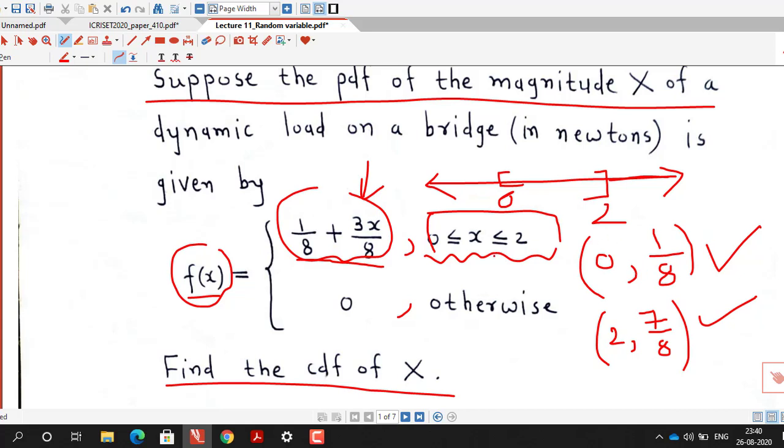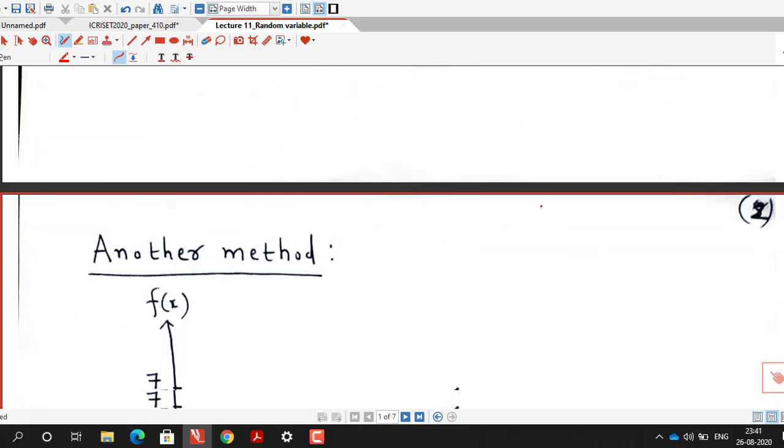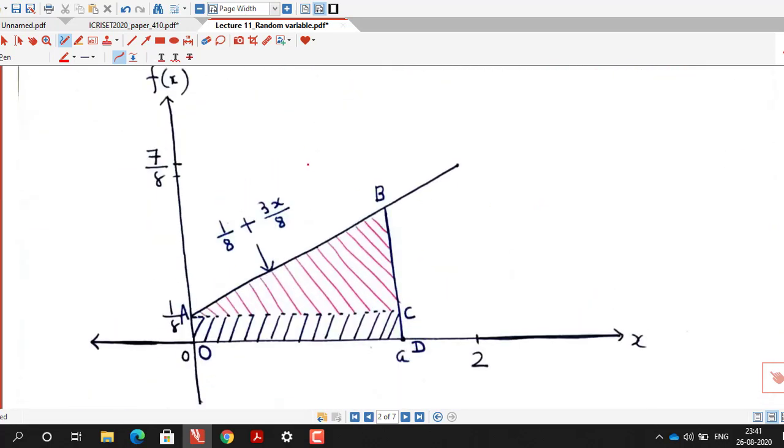Joining these 2 points we get the graph of the PDF between 0 and 2, and the graph of the PDF outside this interval is 0. Between 0 and 2 it is given by 1 by 8 plus 3x by 8, starting from x equal to 0 up to x equal to 2.